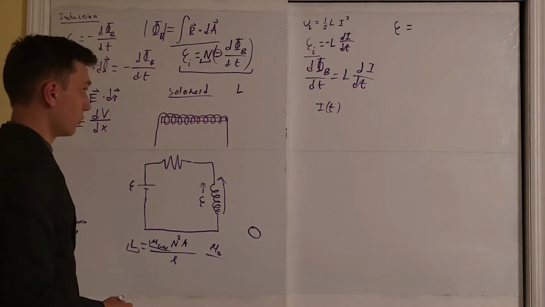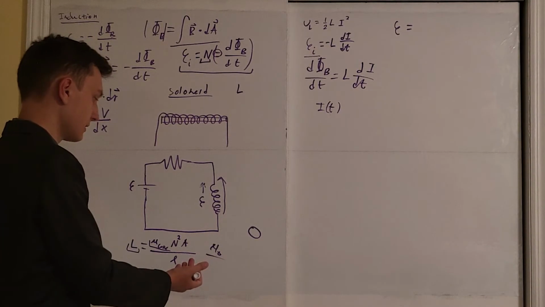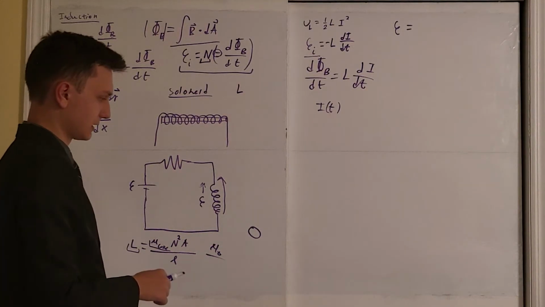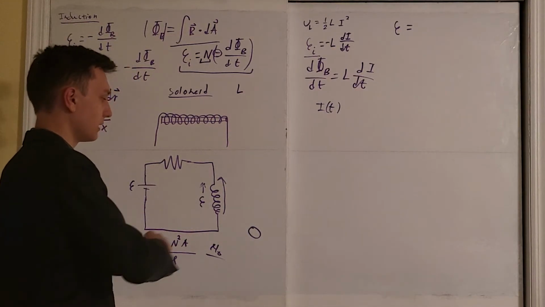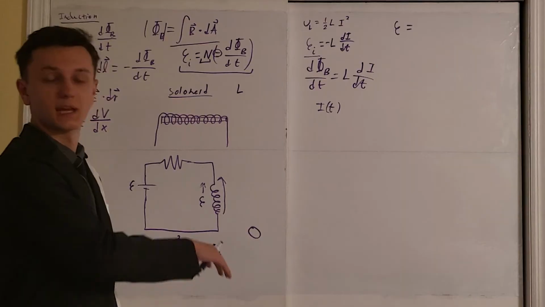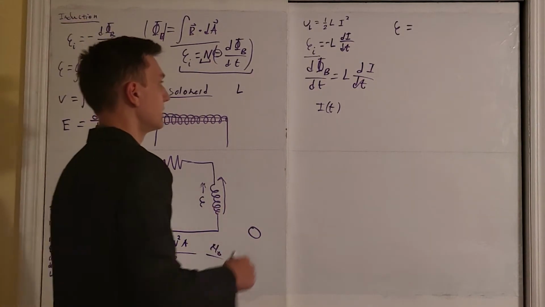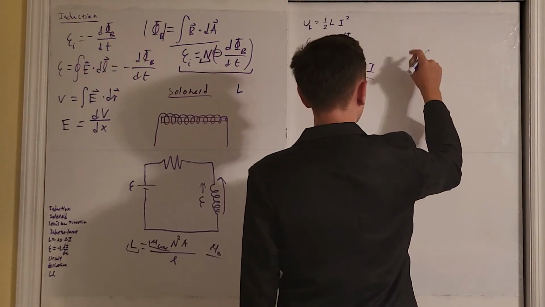Now, this equation works if you have an inductor without any resistors. It's useful to derive the equation with some resistance in the circuit, because if you derive the equation with resistance, you can just plug in 0 for all the resistance terms and simplify your equation if and when you do not need resistance terms.